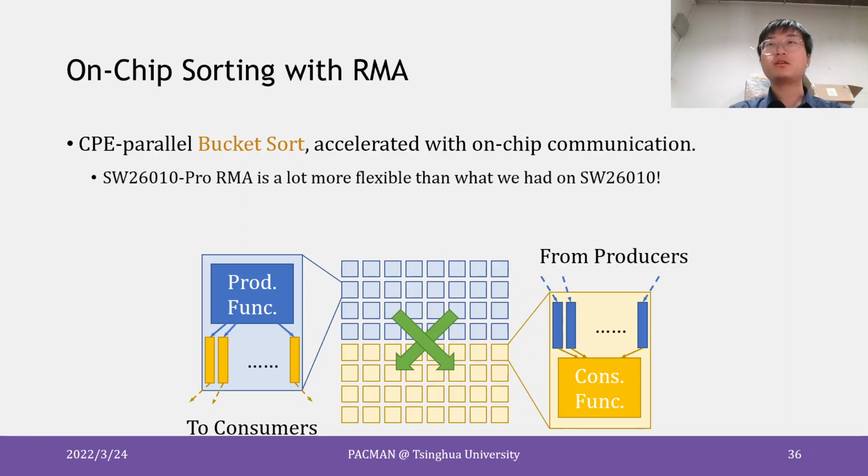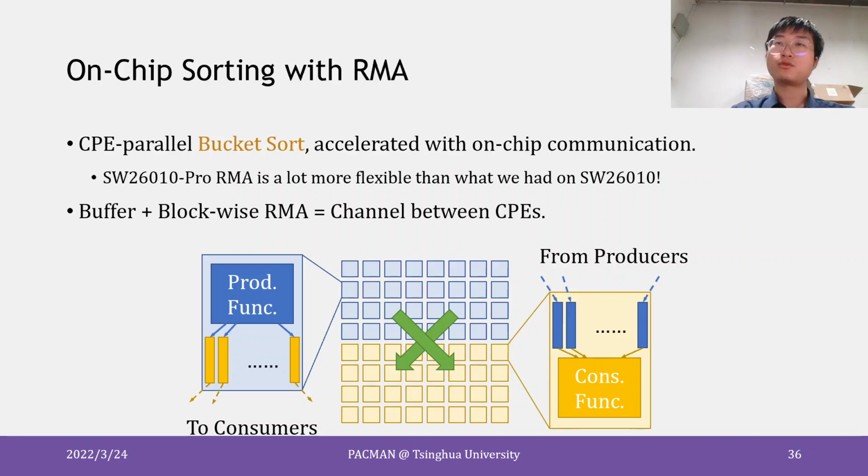As RMA is a lot more flexible than the previous register communication, we simply use buffers combined with block-wise RMA between producers and consumers to form channels, and use these channels to regroup the data into target buckets for later DMA write-back.